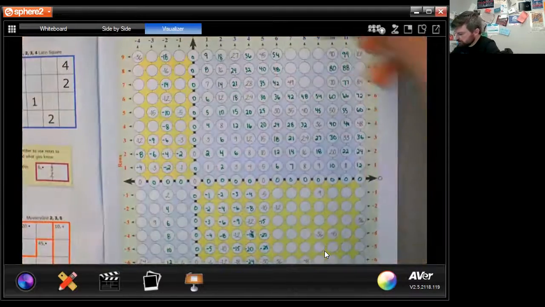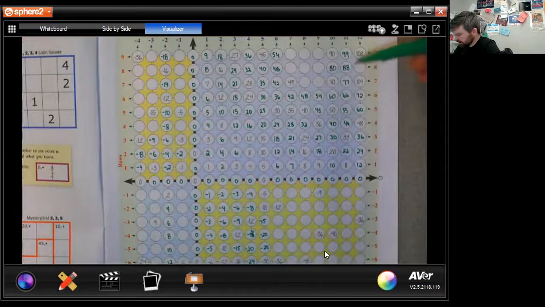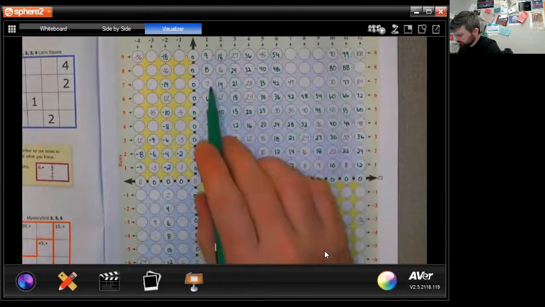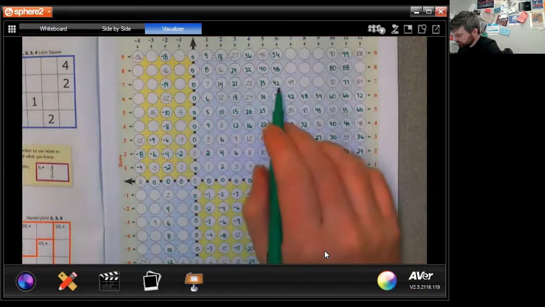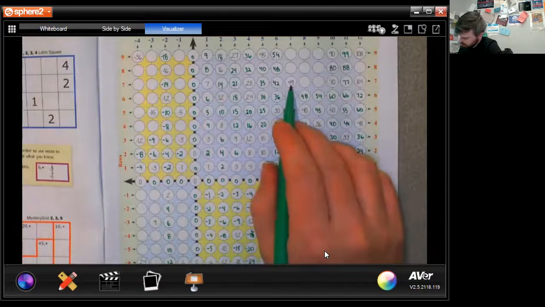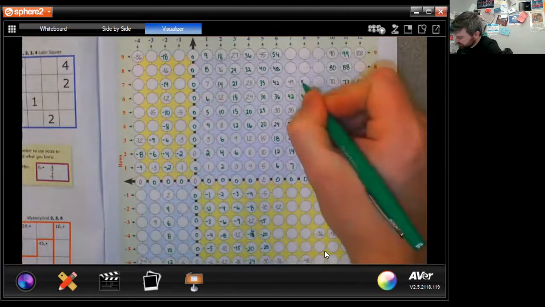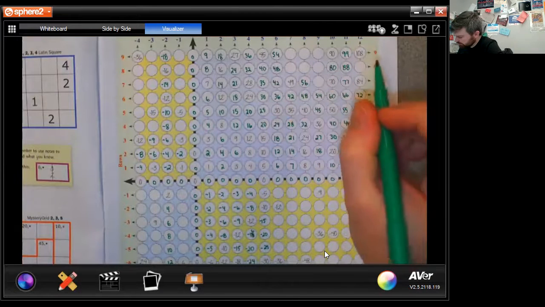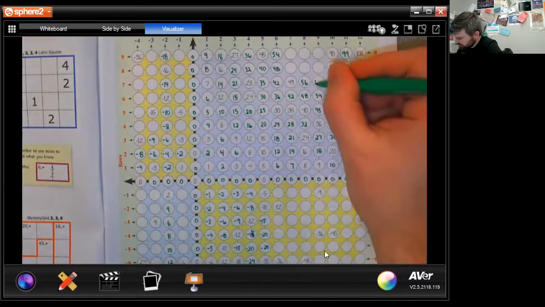Okay. As the numbers get a little bit higher in this 7, 8, 9 region, maybe 12 a little bit, they get just a little more difficult. Okay. So 7, 14, 21, 28, 35, 42. 42 plus 7 is 49. 49 plus 7 is 56. 56 plus 7 is 63.